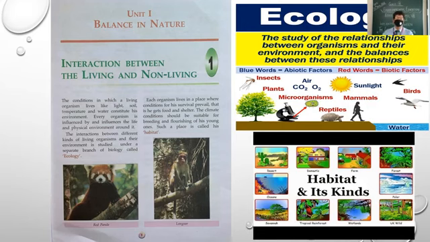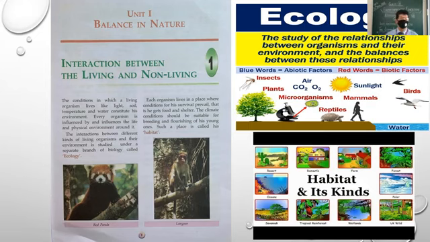That is why we are going to see in this chapter the balance in nature and the interaction between the living and the non-living. So, let us discuss the need to include environmental education in this aspect.